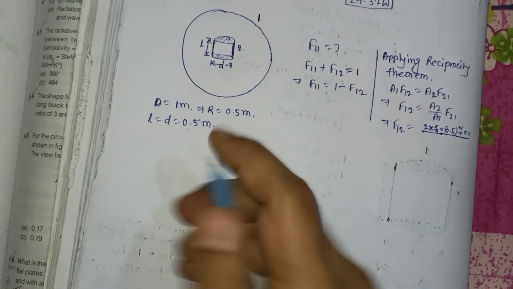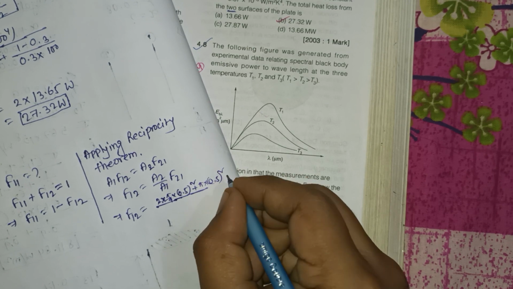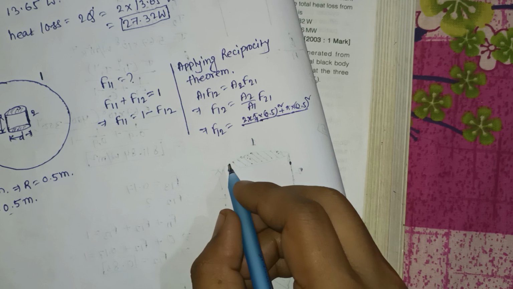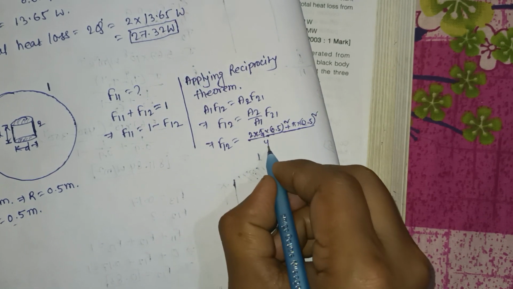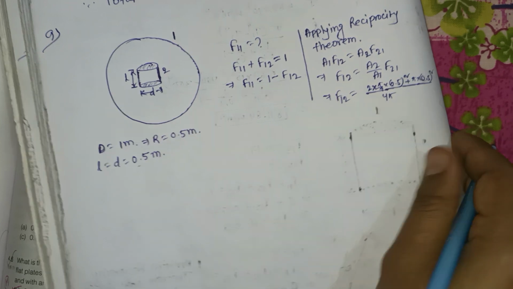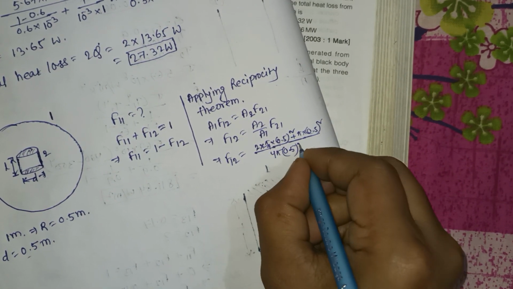Since d and l are the same, 0.5, that is 0.5 square, divided by A1. What is the value of A1? That is 4 pi r square, 4 into pi into r squared, where r for the sphere is 0.5.